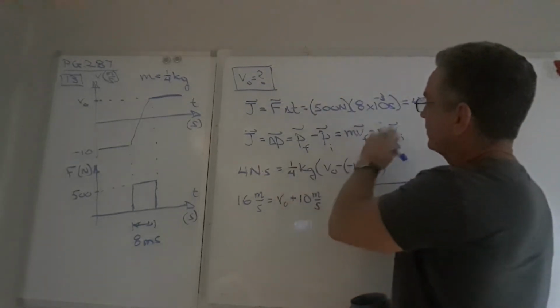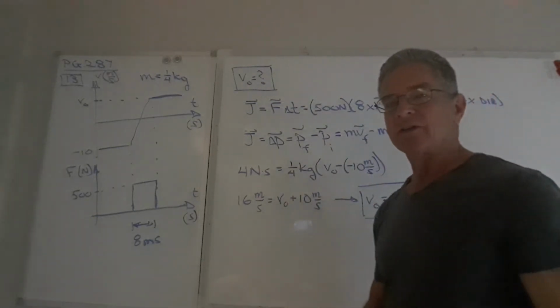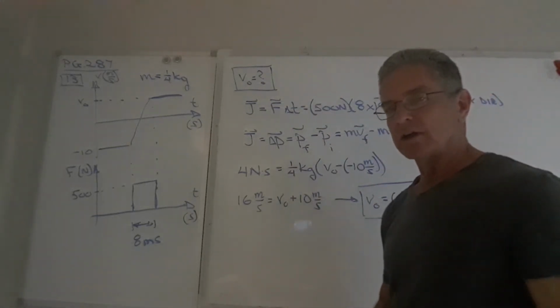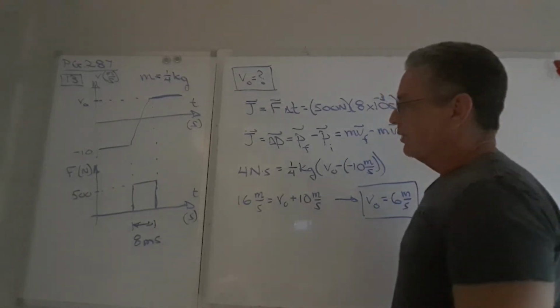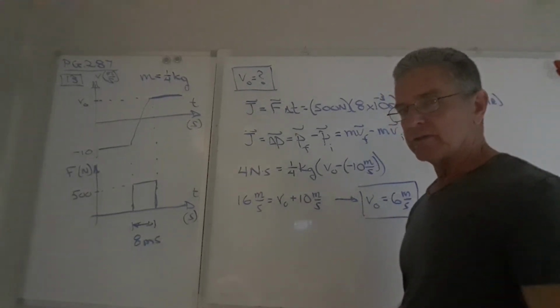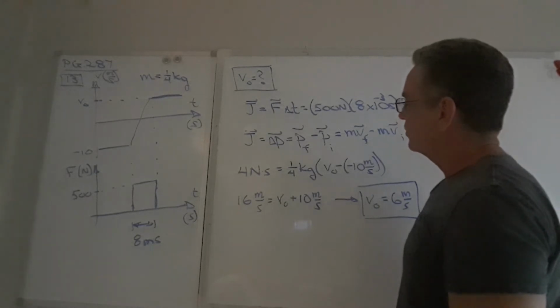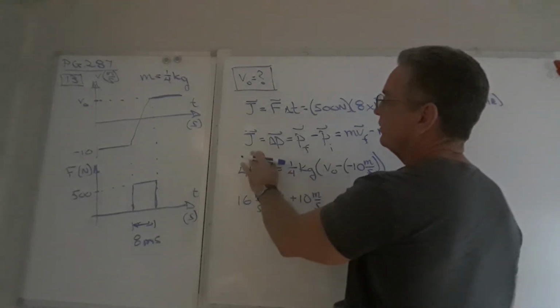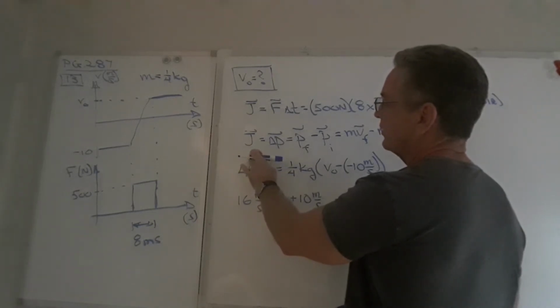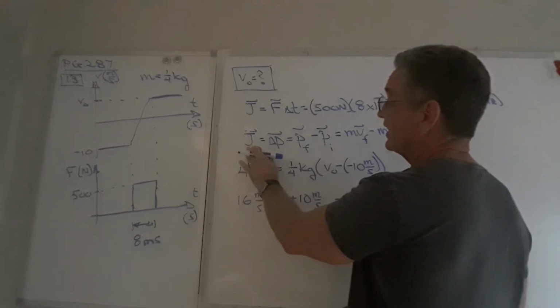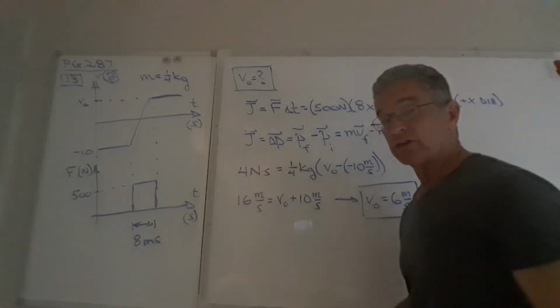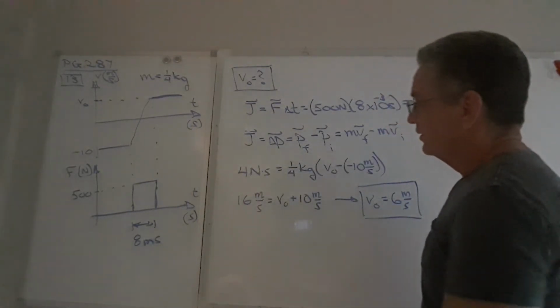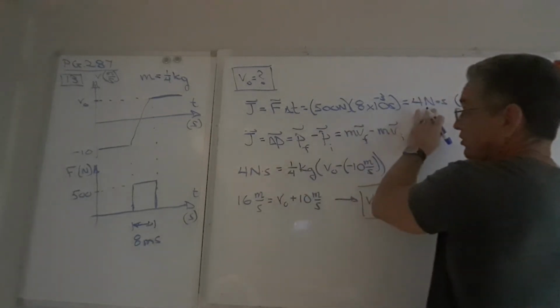It is a vector quantity, and you don't really need to use i hat and j hat when you're just talking about a one-dimensional problem. Positive direction means it's in the positive x, negative direction means negative x. Now, the impulse-momentum theorem tells you that impulse is also equal to the change in the momentum of the object, the change in momentum of the ball.